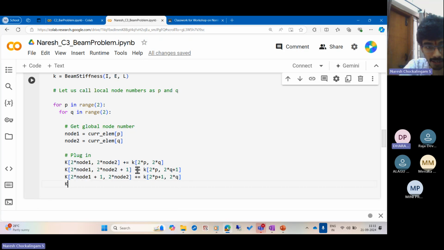And capital K of 2 star node 1 plus 1 and 2 star node 2 plus 1 plus equal to small k of 2p plus 1, comma 2q plus 1.